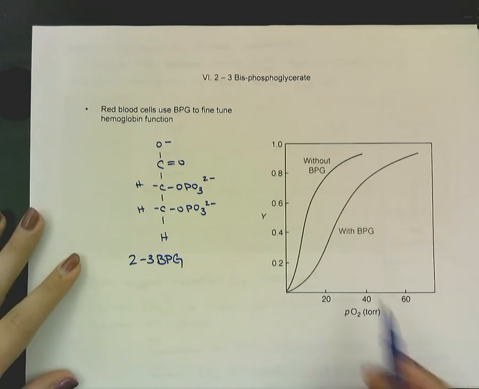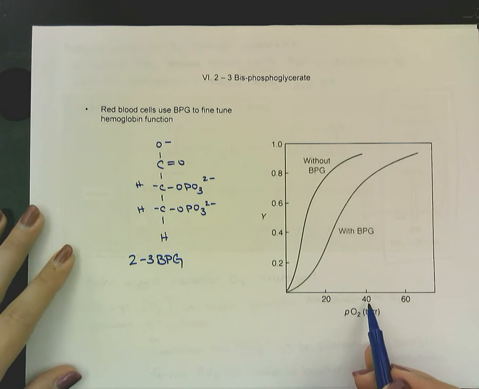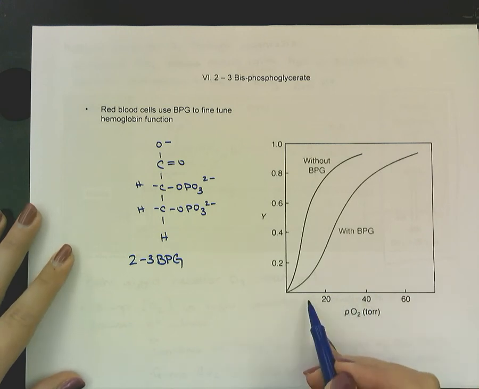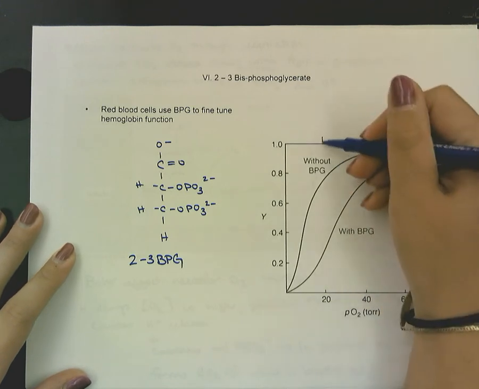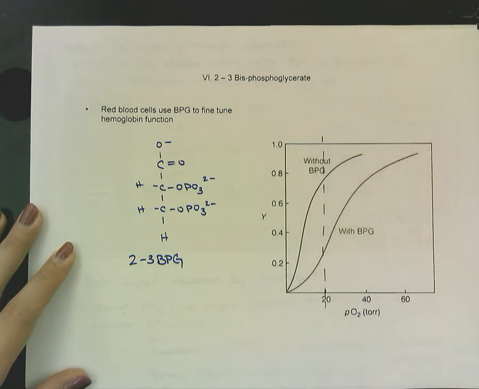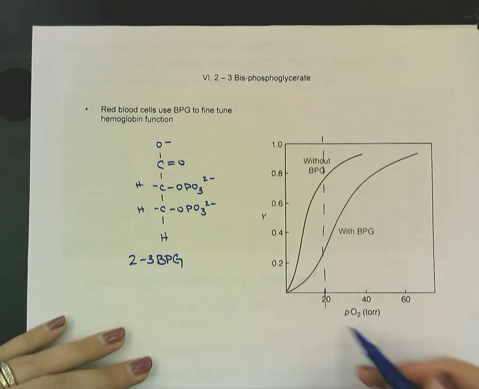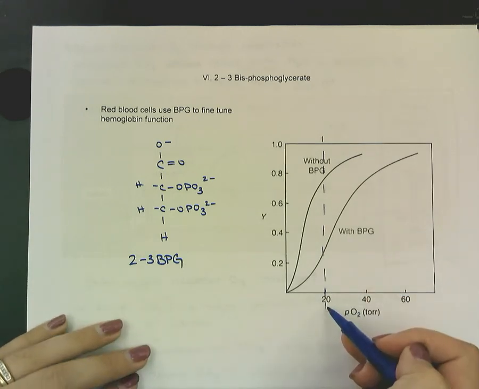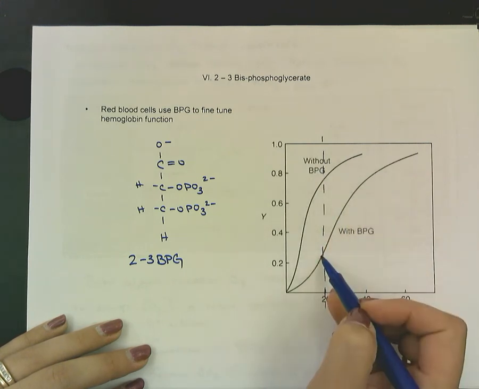So, looking at my graph, because you know I'm real passionate about graphs. Let's just pick 20. At 20 torr, what is the difference in binding without and with? Which one is able to bind with higher affinity?